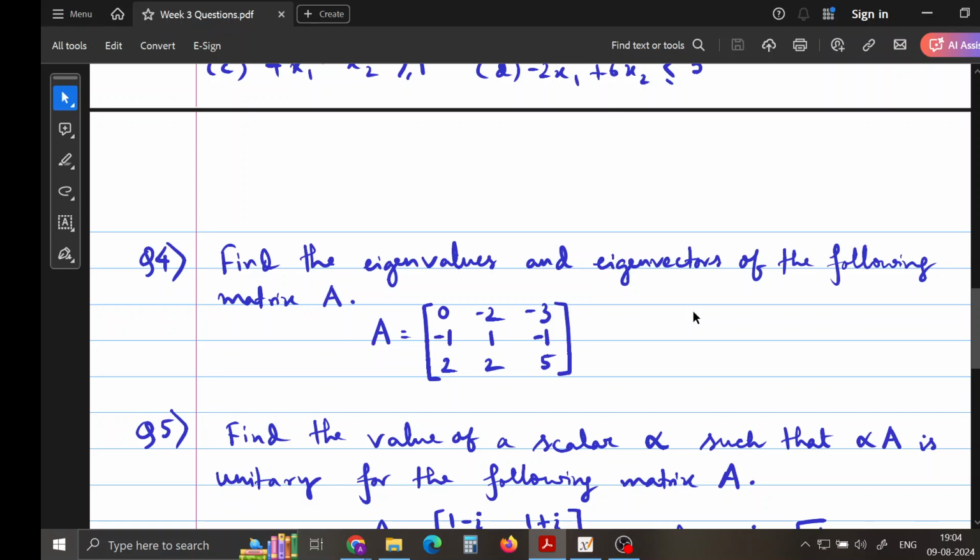Nobody is going to evaluate based on your answer. It's perfectly fine if you don't know. Are you familiar with the concept of eigenvalues? How do we find it?